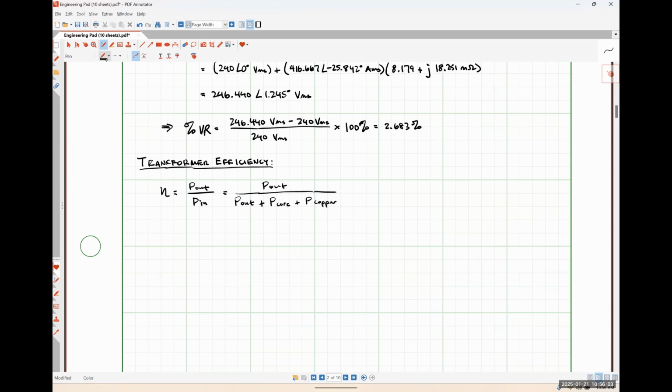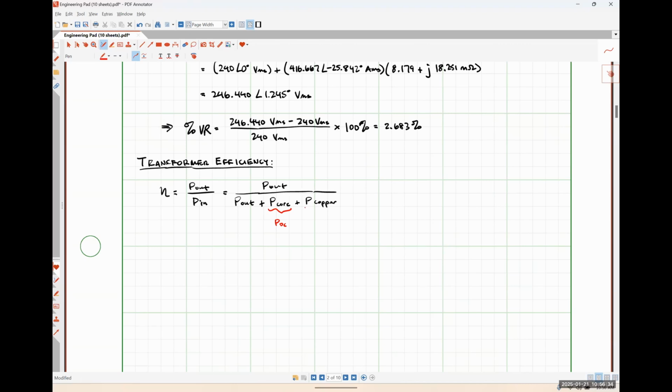Our core losses are literally what we measured as POC in our open circuit test, because we don't have any current flowing through our secondary winding. So we don't have any current flowing through the REQ, the series portion there, because that side is open circuited. Any power that we see is what is being absorbed in the core. So those are our core losses.